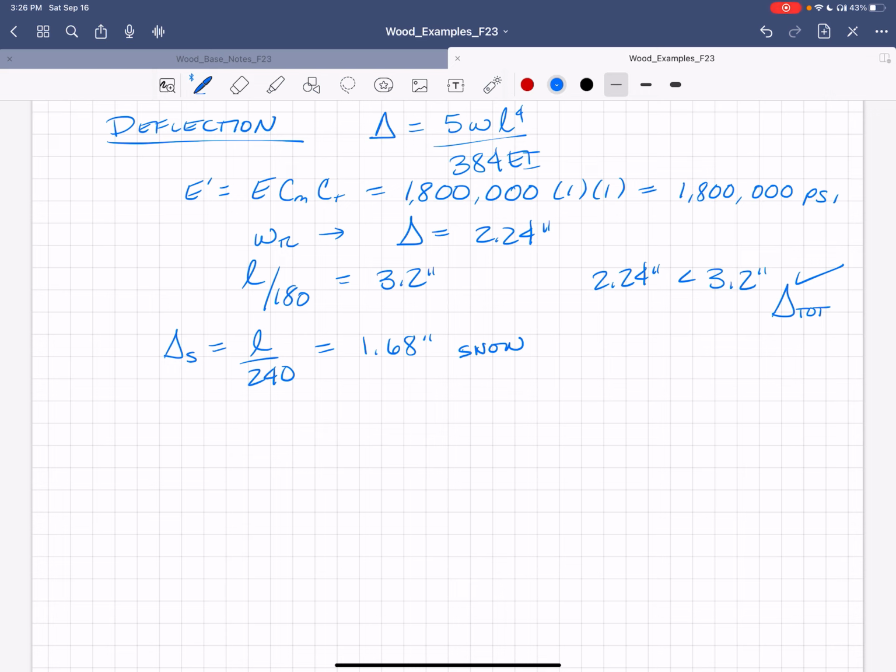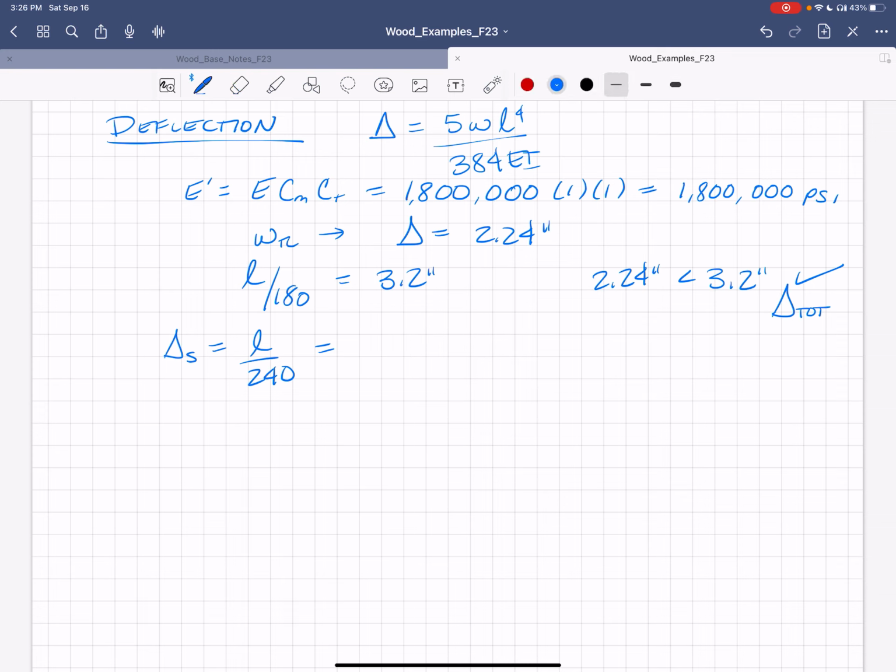And that needs to be less than, oh, sorry, I didn't go through the whole thing. So if I go through that same calculation for the snow loads, I get 1.68 is the actual calculation.